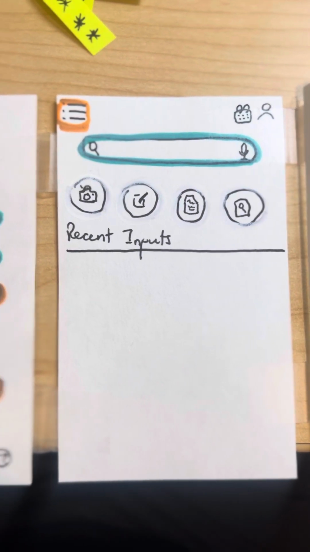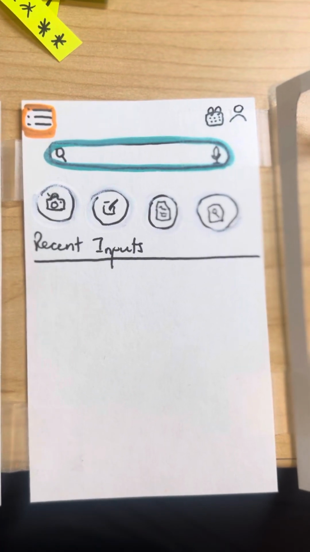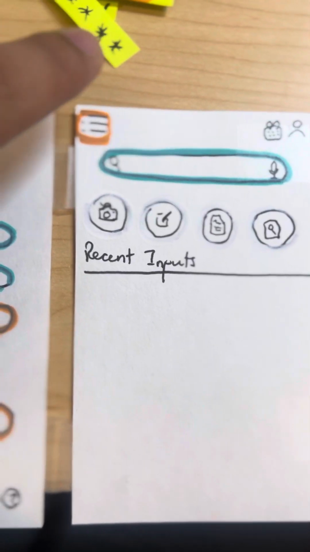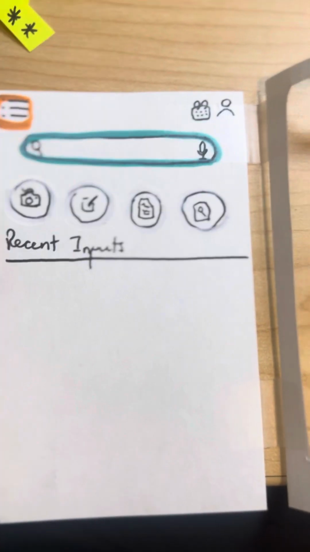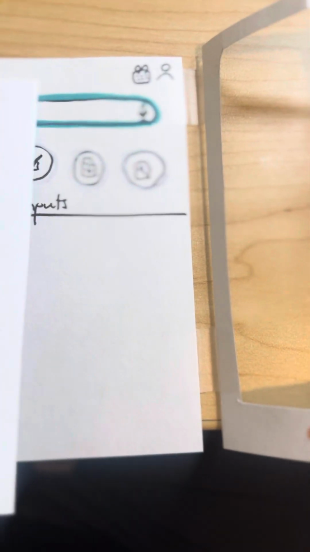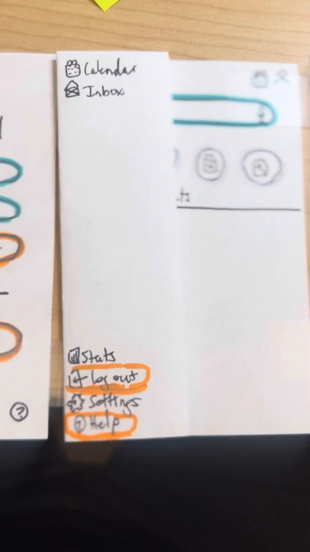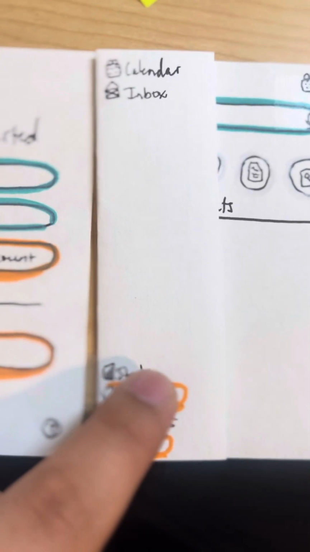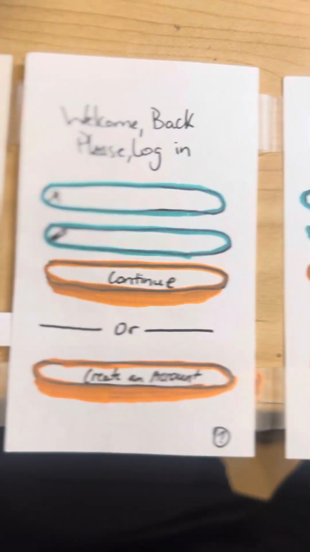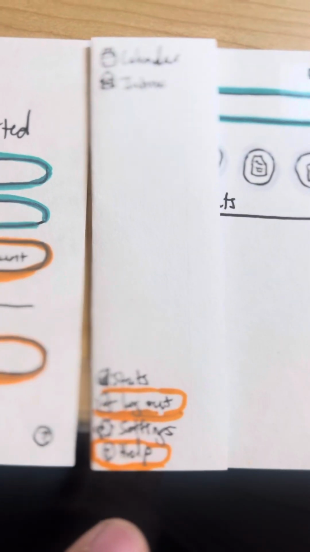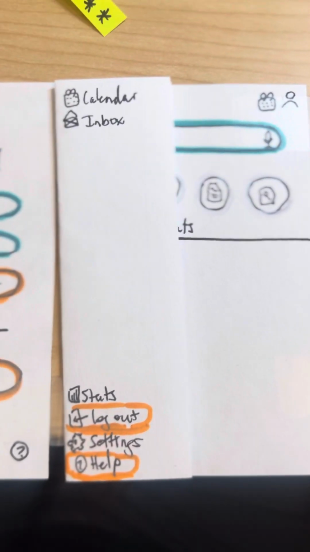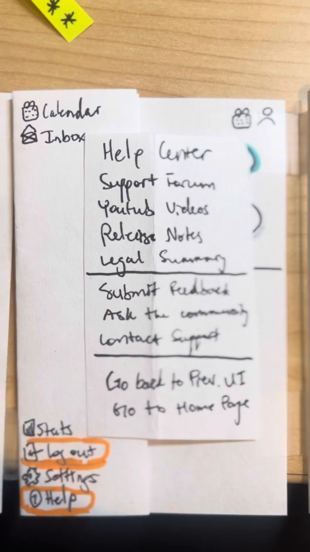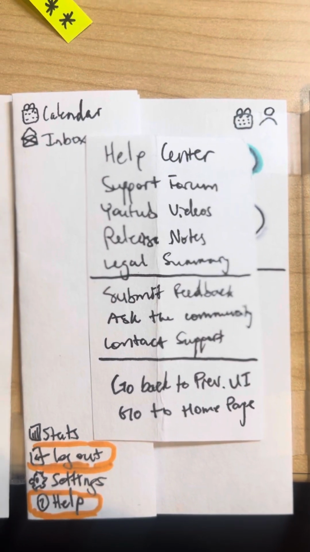So within the home page, there are various things they can do. For one, they can hit this, right? And this will bring in the menu bar, and through here they can either log out, which will bring them to this page, or they can click the help button, which will bring the help pop-up.